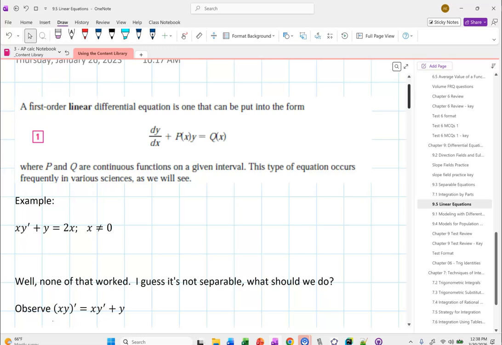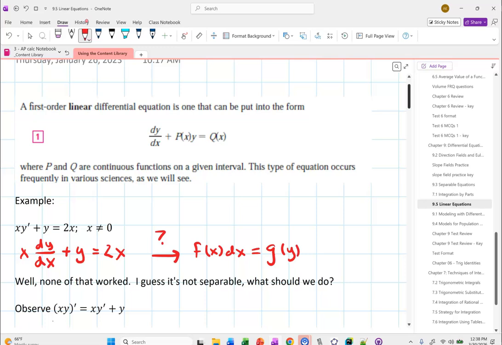If we try to handle this using our techniques from 9.3 when we tried to separate the x and y's onto one side, we are not going to be able to get some function of x times dx equal to some function of y times dy.